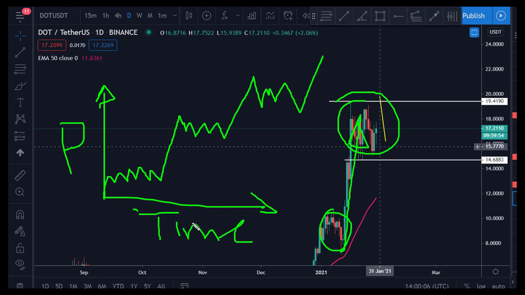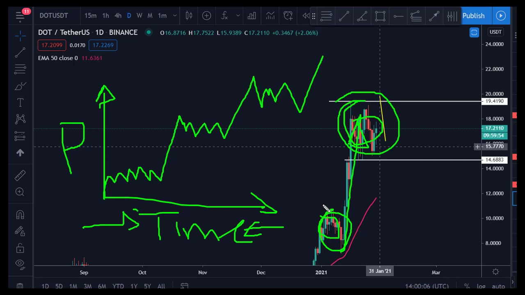That's why markets spend 80% of their time consolidating and 20% making an impulse. So markets spend more time here, on this XY axis.